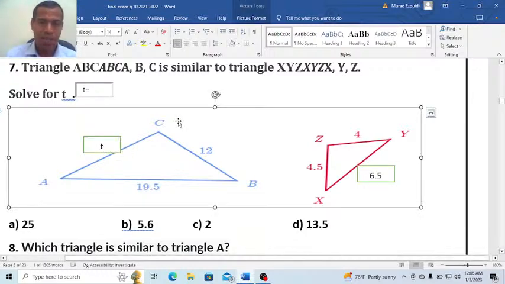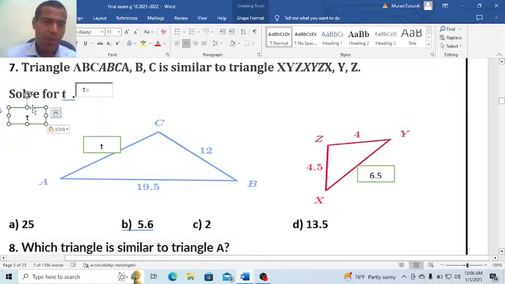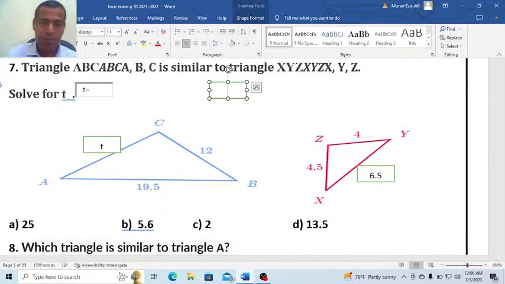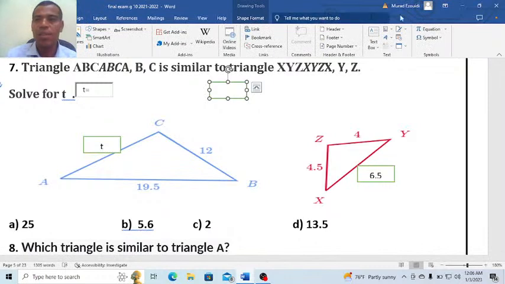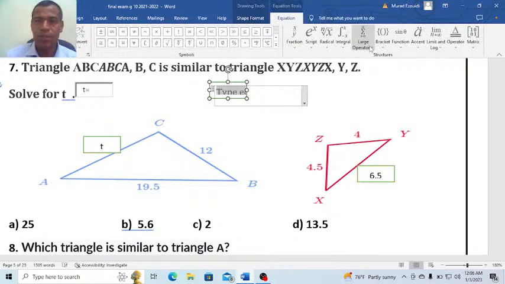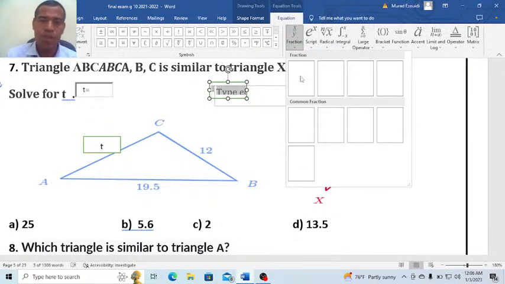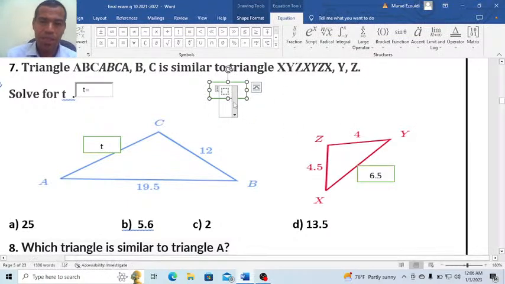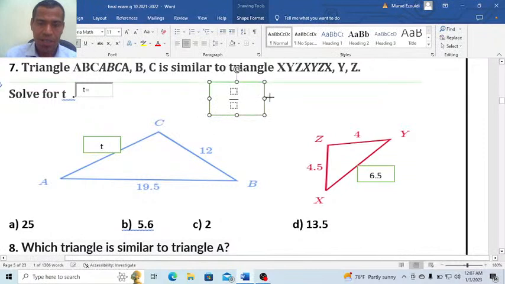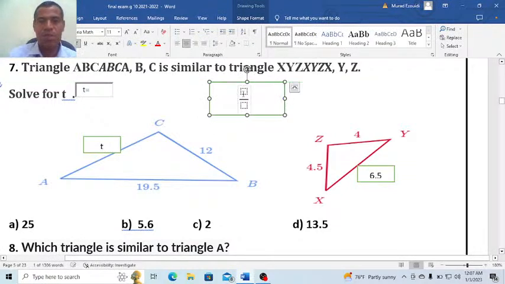I'll just write this here. I will extend this one, learners. I will try to insert an equation. Therefore, the corresponding sides have the same ratio.